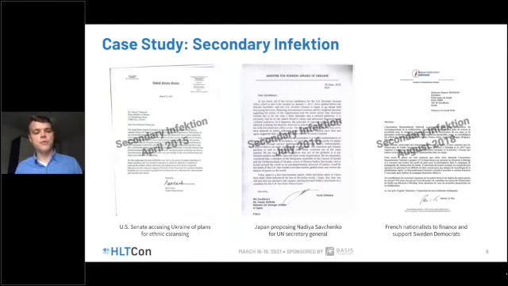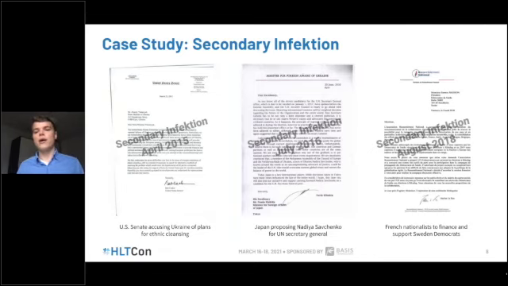You see that the first two are targeting the Ukraine. On the left, we have a falsified memo from the US Senate accusing the Ukraine of ethnic cleansing. In the middle, we have a falsified memo from a Japanese ambassador, which is proposing that they nominate a Ukrainian politician for UN Secretary General.